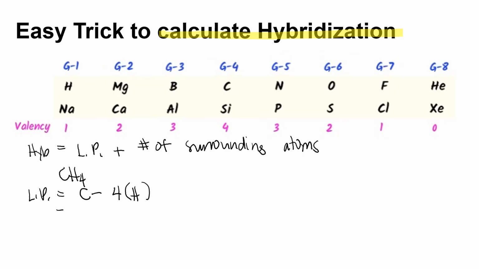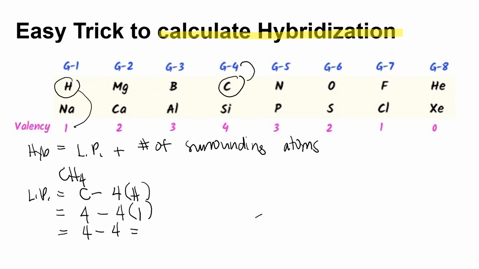Carbon's group number is 4, minus 4 times the valency of hydrogen, which is 1. So 4 minus 4 equals 0, divided by 2, that is 0 lone pairs.